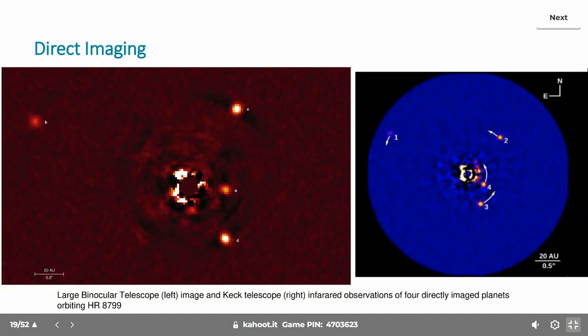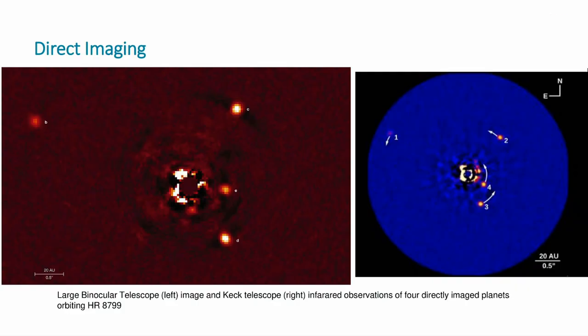And I said it's very hard to directly take a picture of a planet, it's like taking the picture of a pinhead orbiting a grapefruit in Washington, D.C. if you're in San Francisco, but we've actually managed to do that. So these are images from the Large Binocular Telescope and the Keck Telescope.